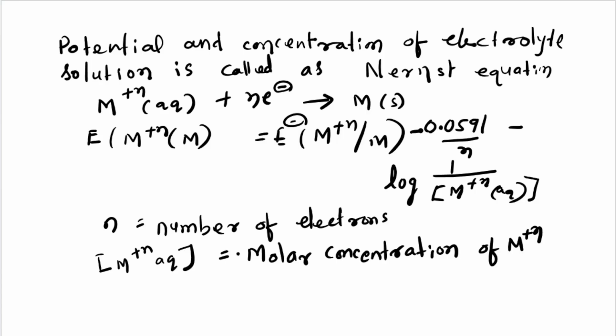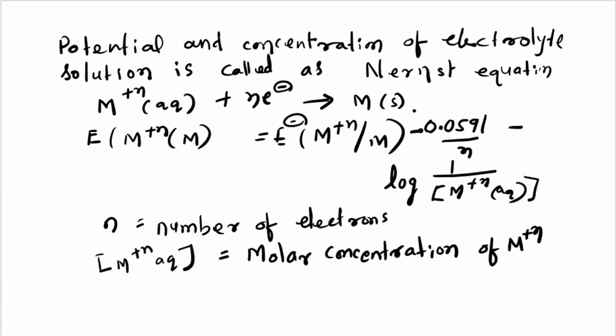How is concentration related to electrode potential? This is called the Nernst equation. See how the reaction takes place: M plus n, where n is the number of electrons, that is n e minus, becomes M s. M means metal and s means solid.